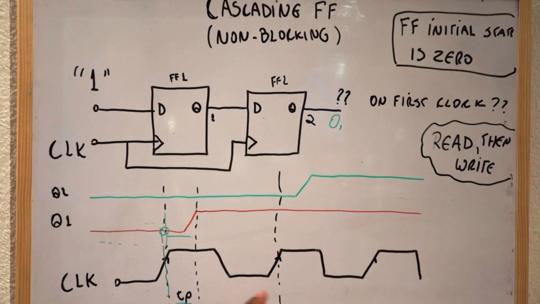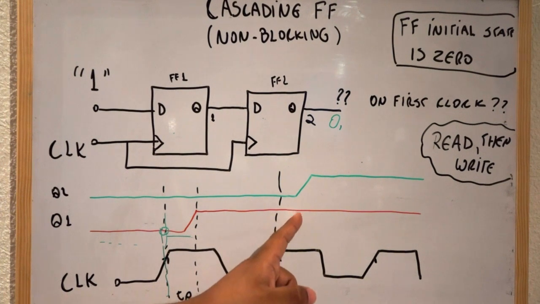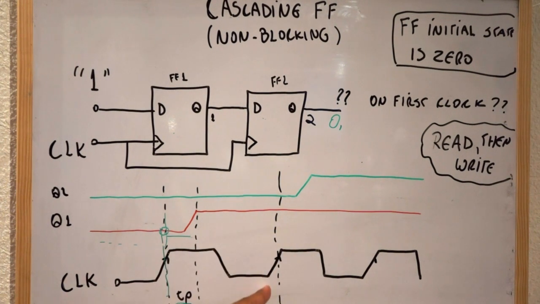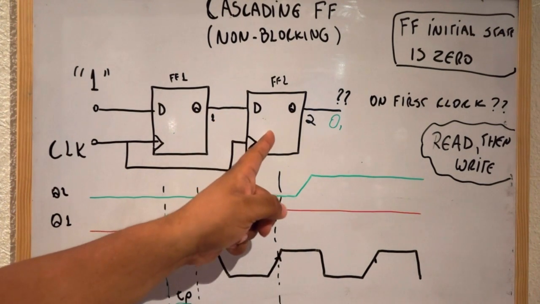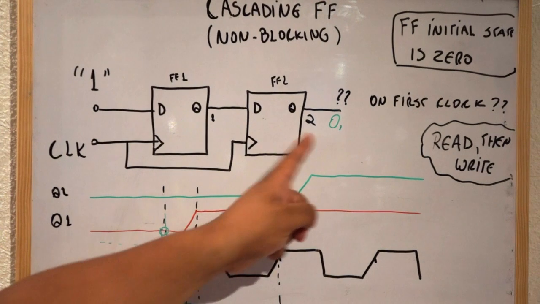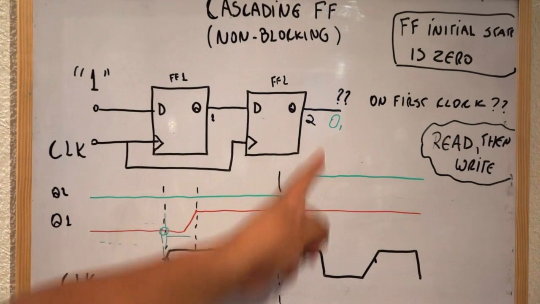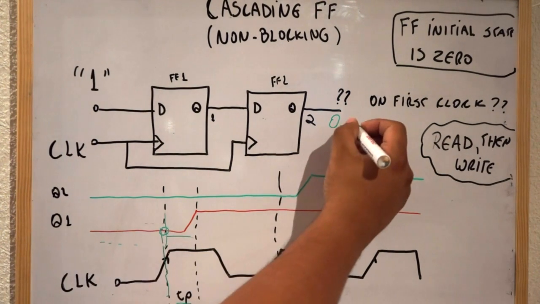Now let's see what will happen on the second rising clock edge. At this moment, the output of flip-flop 1 is already high. On the second rising clock edge, the 1 will be detected by flip-flop 2, and the output Q2 will be high.